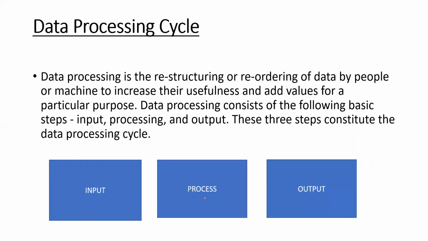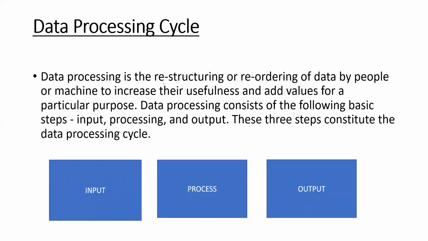Next comes the data processing cycle. It also has a certain meaning for the algorithm. Before going to the algorithm, you should know the meaning of the data processing cycle. In the computer, we write a program to input the data, process the data and produce the result. So it works in a structured way. For solving any problem, that same process has to be followed, and that process is called the data processing cycle.